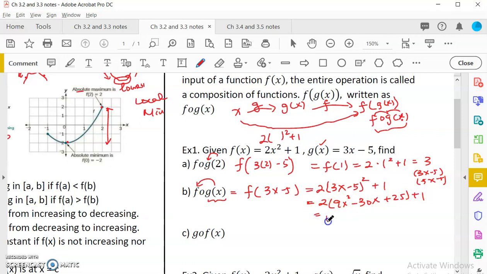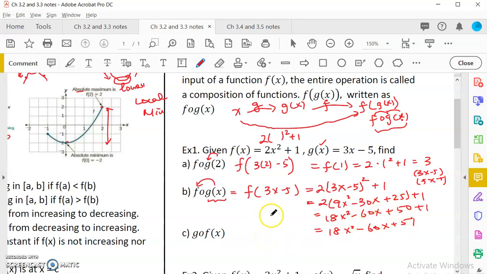And if you multiply it out, it will be 18x squared minus 60x plus 50 plus 1. And then simplify, it will be 18x squared minus 60x plus 51. So if you do not want to go step by step, if you want to do f o g of x, that means go through g and then go to f, you can just plug it in here and you will get this right away.